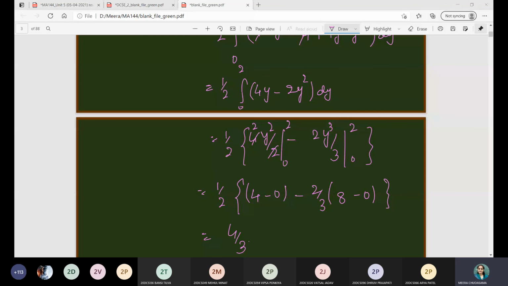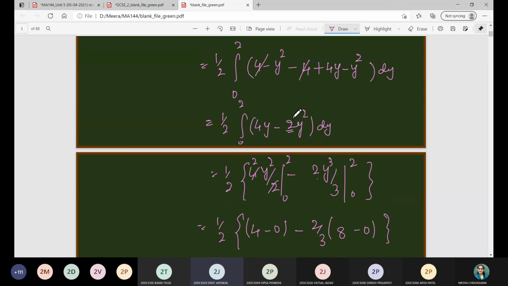Anyone having any doubt in this example? Ma'am, it would be 8 minus 0, no? 2 square into 2, no? Just a minute. What you are talking about? The third part means y square into 2, no? Yes, means 4 into y square by 2. 2 cut means 2 into y square.